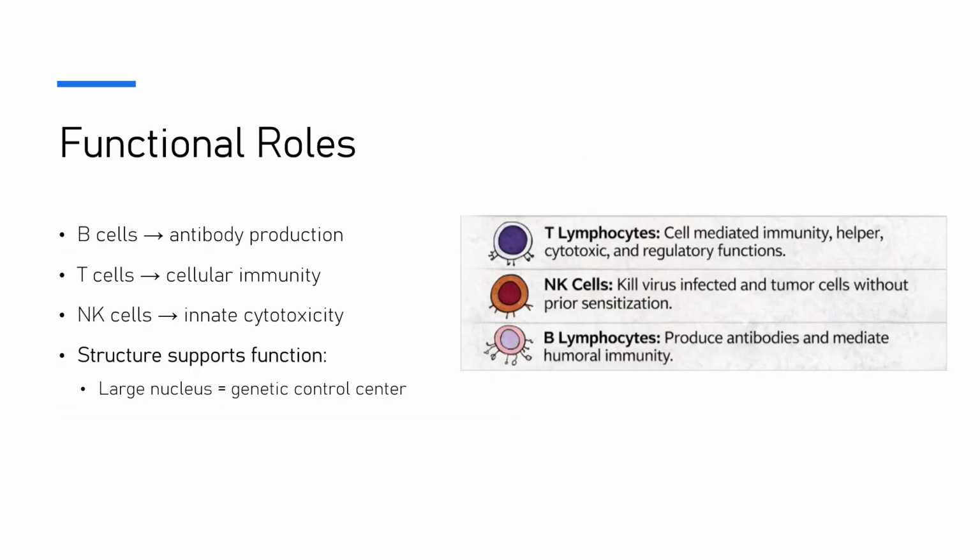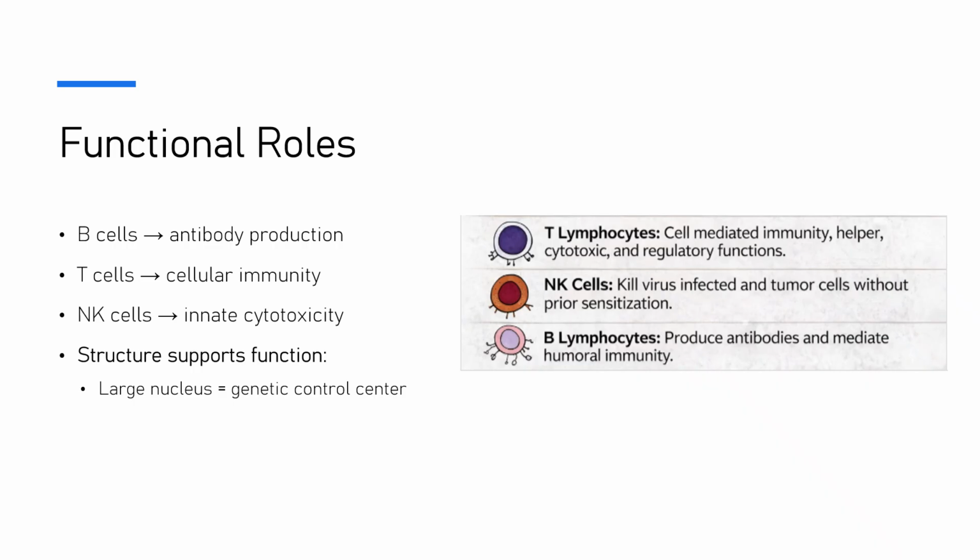Now let's connect the structure of lymphocytes to their function, because that relationship actually makes a lot of biological sense. As we mentioned earlier, lymphocytes play central roles in adaptive immunity. B lymphocytes produce antibodies that bind specific pathogens. When activated, B cells can differentiate into plasma cells, which are essentially antibody-producing factories.